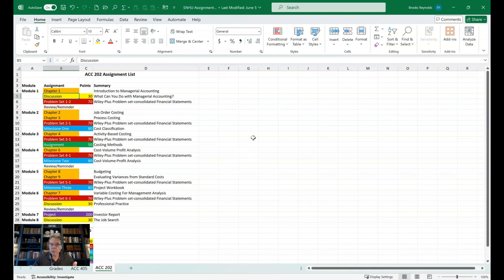I expect that most of the classes that you've taken are geared more for financial accounting, generally accepted accounting principles, income statements, balance sheets, statement of cash flows, statement of retained earnings, and the various components of those.